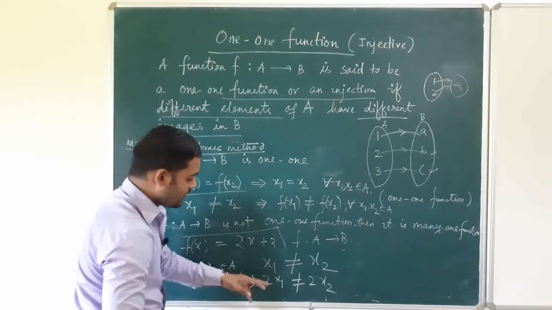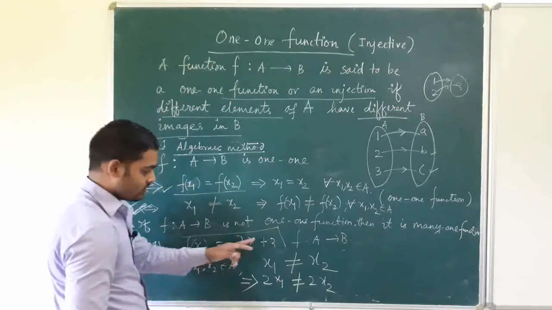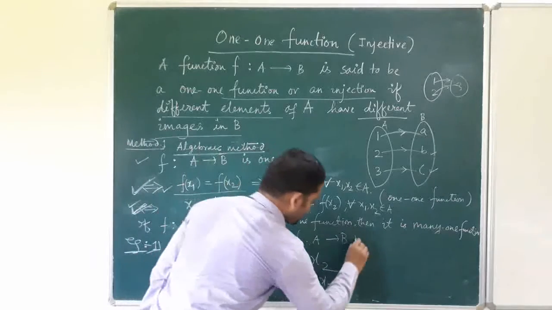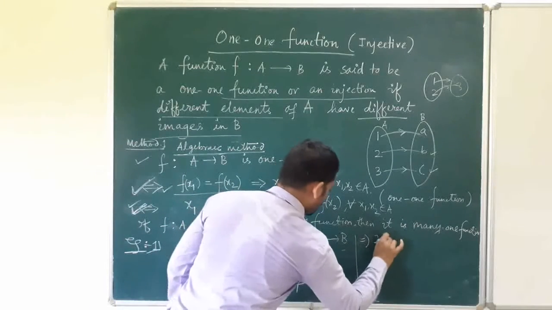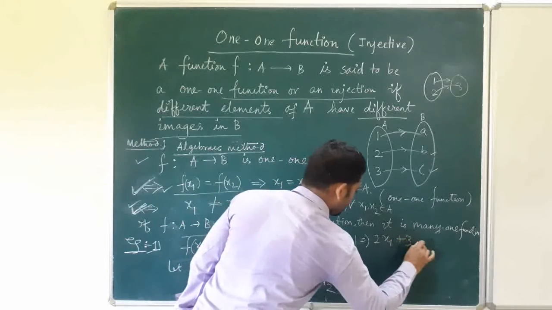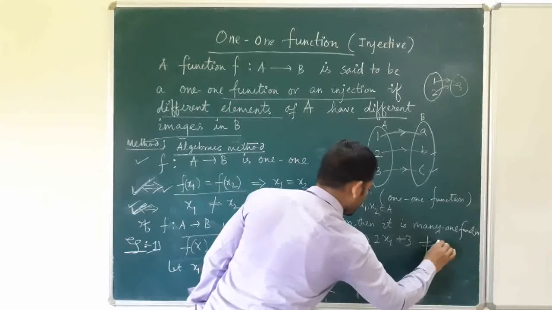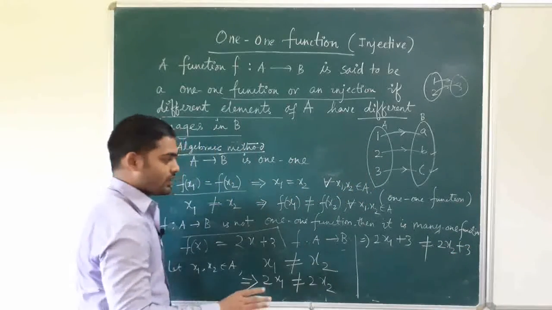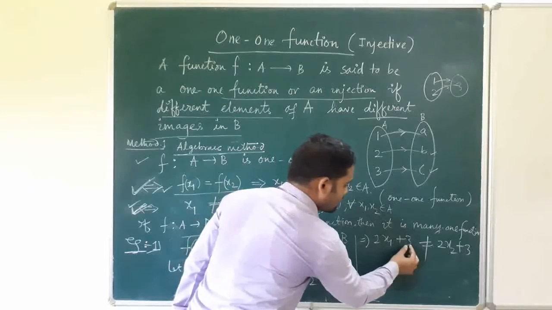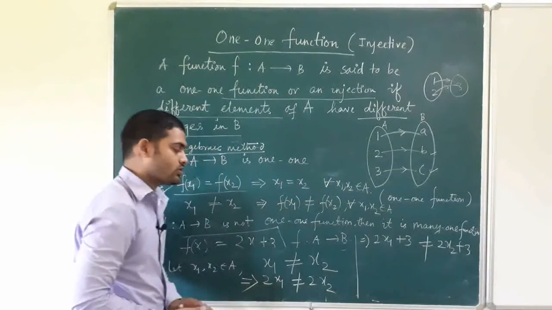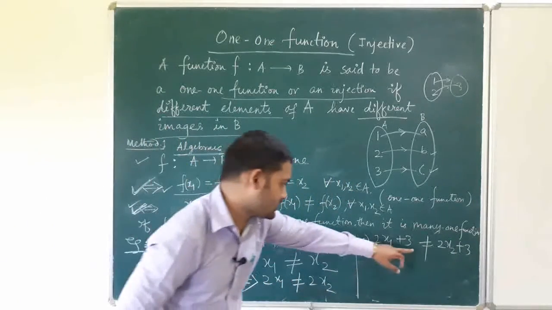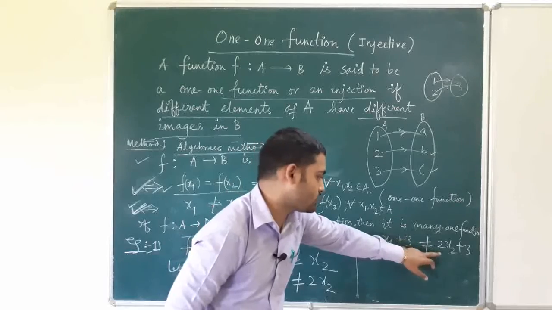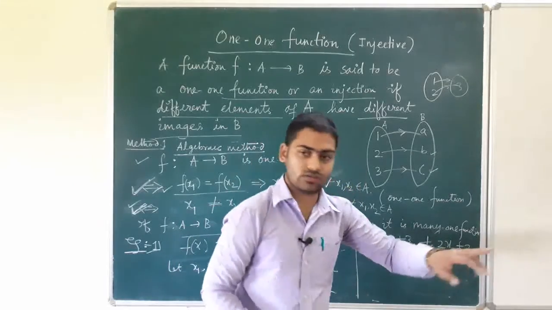Now we add 3 to both sides. Then 2x1 plus 3 is not equal to 2x2 plus 3. If you add 3 to both sides, then also this expression is not equal to this expression.